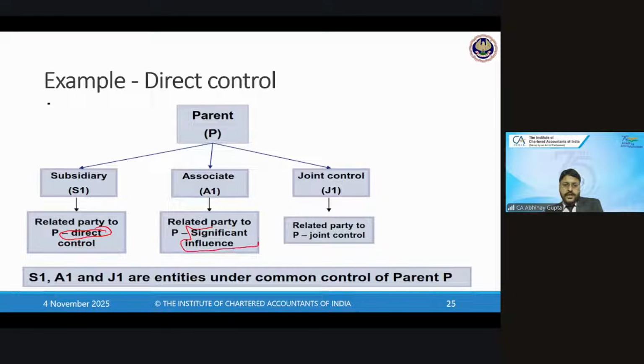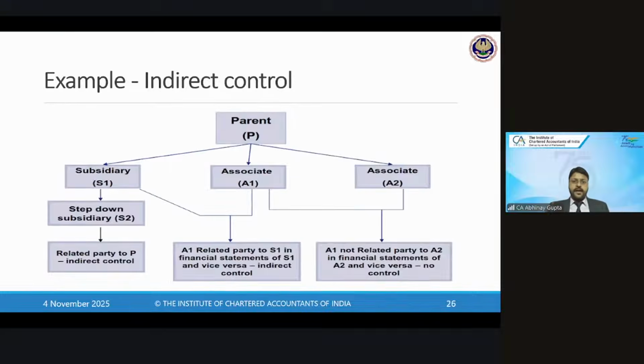Associate A1 is a related party because of significant influence, and J1 is a related party because of joint control. So these are our three definitions: control, joint control, and significant influence. S1, A1, J1 are entities under the common control of the parent P, and hence they are related to P.